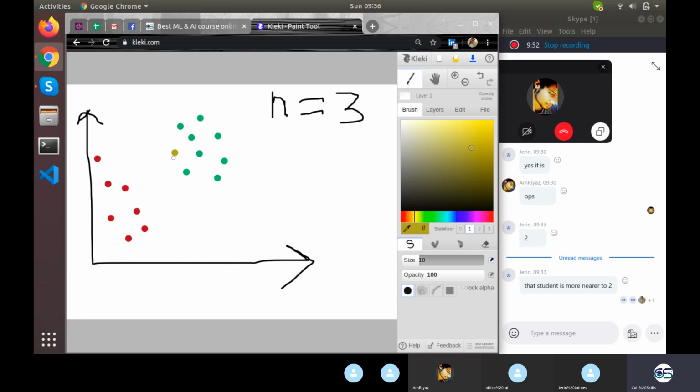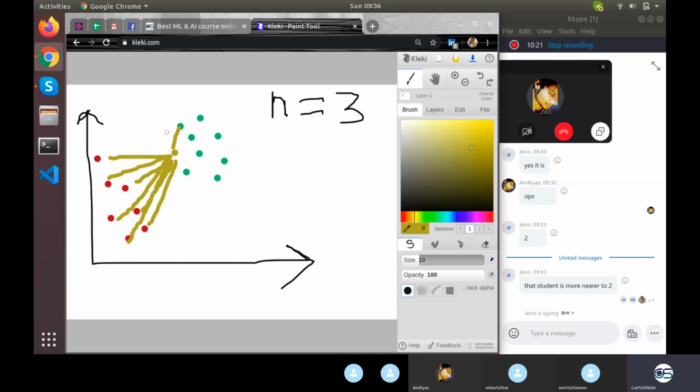This yellow will be checked against all the points, firstly this, then this, then this, and so on. A total dictionary will be maintained: distance 5 units, point A1; distance 10 units, point A2; distance 2 units, point B1; and so on.